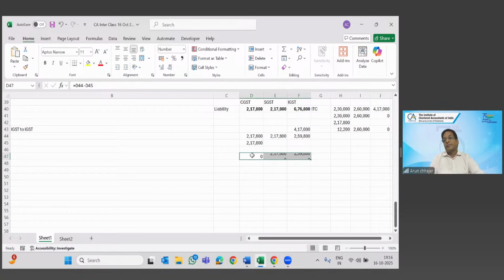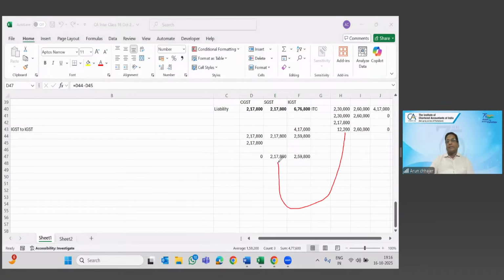Tell me, the 12,200 ka ITC will be given to whom? Will be given to whom? Tell me, can this amount be given to SGST ka liability?